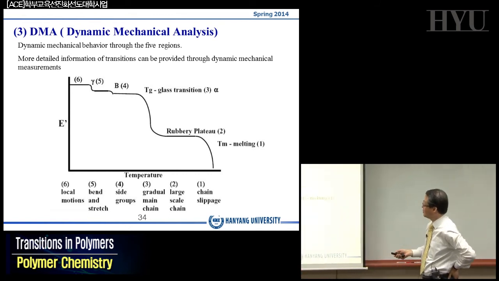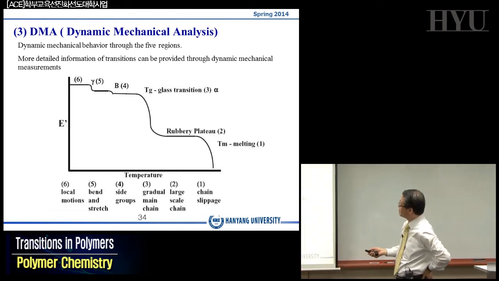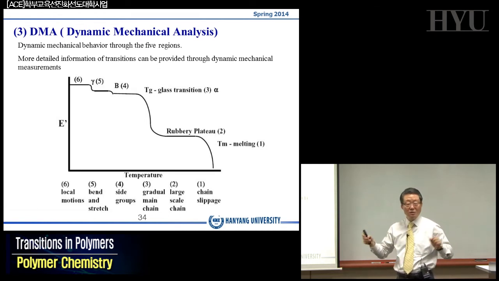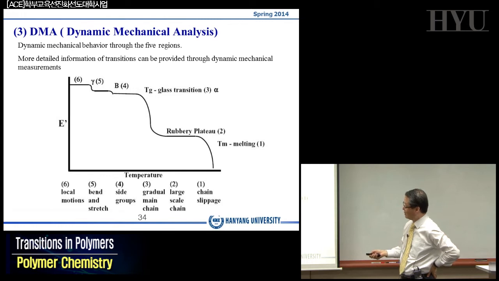So the alpha transition is a gradual main chain transition, as you can see here. But if you have a little bit of side chains, then you can detect those as well. You have bending and stretching vibrations, or local motions. You can detect those transitions as well.